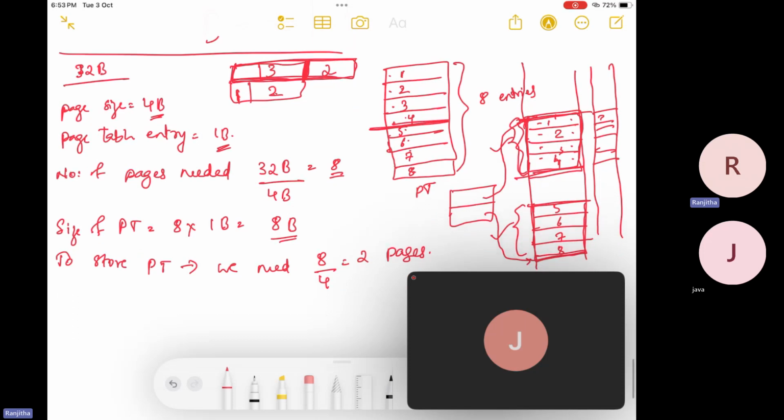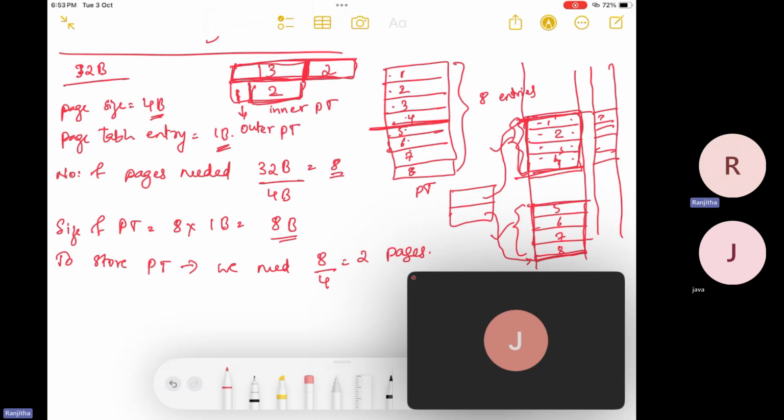In this particular example, we had a 5-bit address, wherein 2 bits are used for the offset within the page, and 2 bits are used for accessing the inner page table. This 1 bit is used for accessing the outer page table.